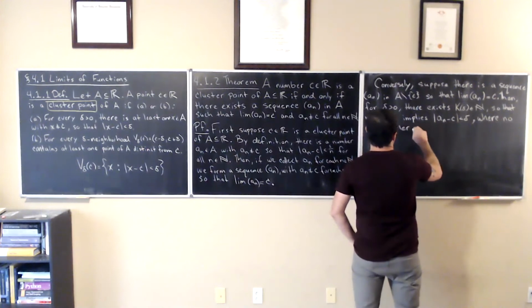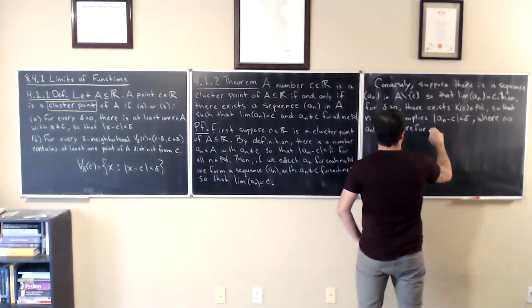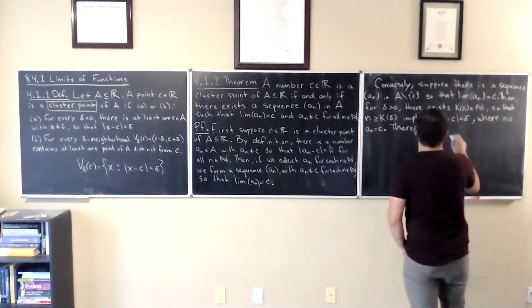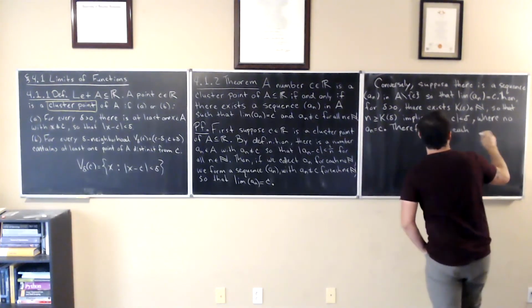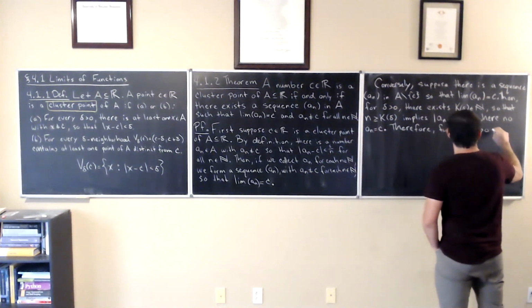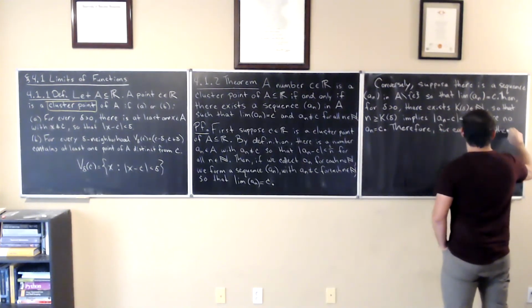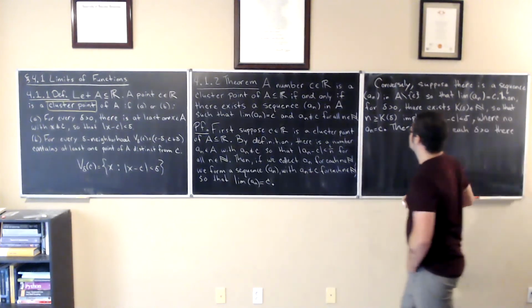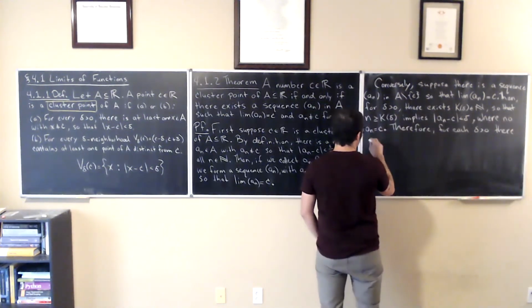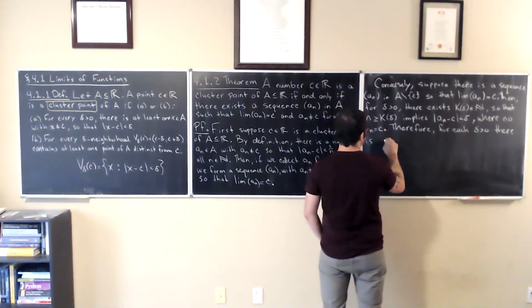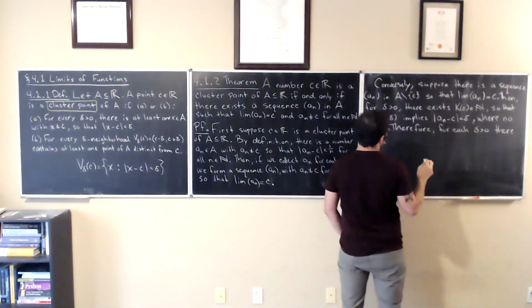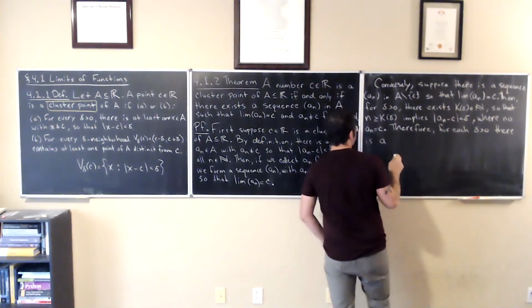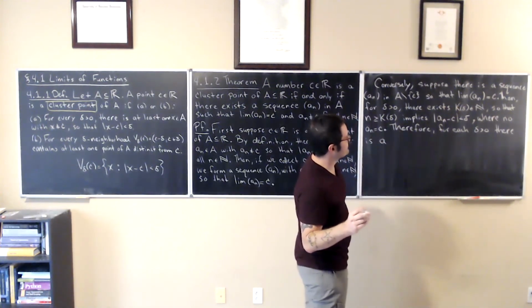So therefore, for each delta greater than 0, there is a delta neighborhood.